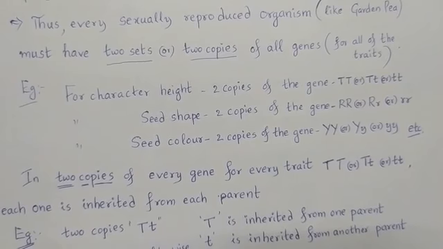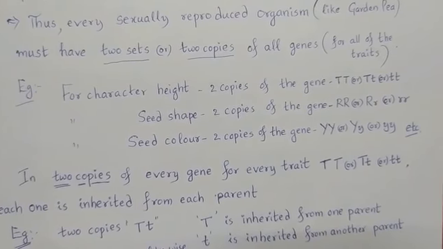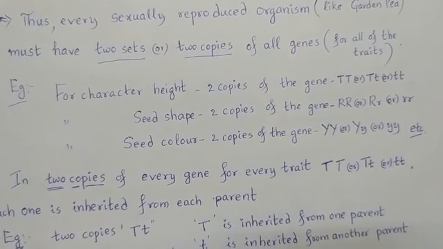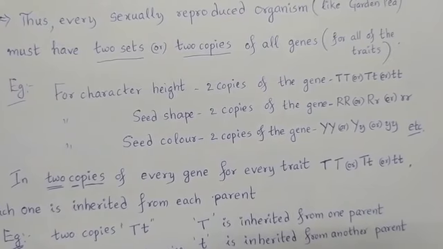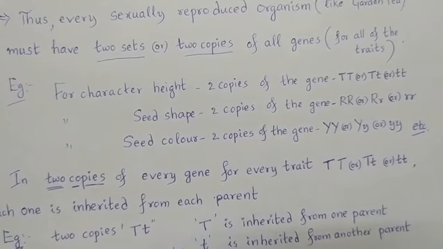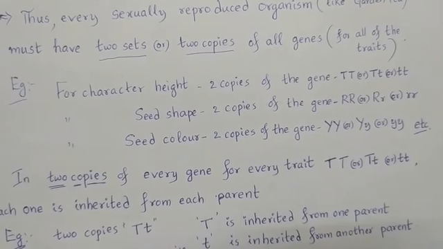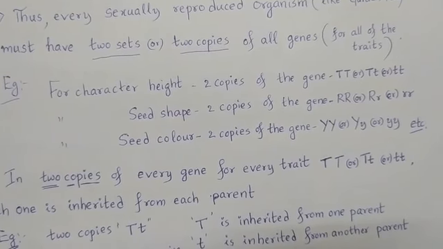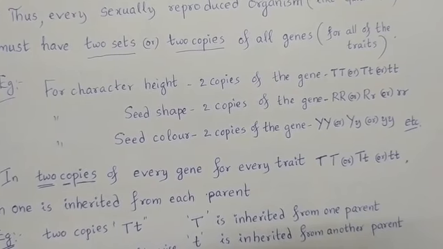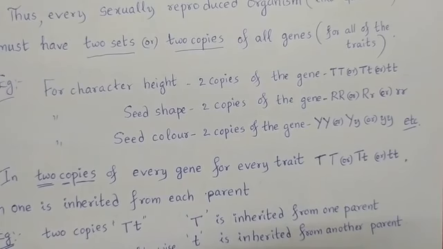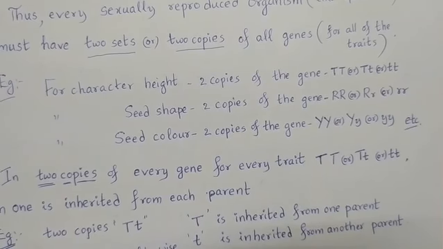For example, for the character height, two copies of the gene are present, either in capital T capital T combination, or capital T small t combination, or small t small t combination. For the character seed shape, two copies of the gene, capital R capital R, round. Capital R small r, round. But the expressed trait is round.